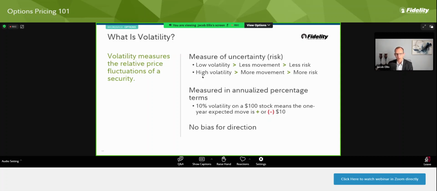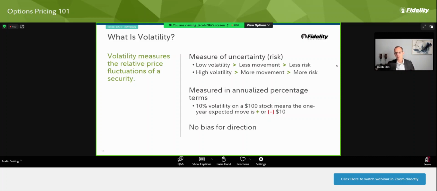Whereas when we have high volatility, more movement expected, that's where we instead see a higher perception of risk existing in the portfolio or in that trade at that moment. So that's a lot to wrap our heads around. We'll try and make this very approachable as we work through the duration of the presentation.